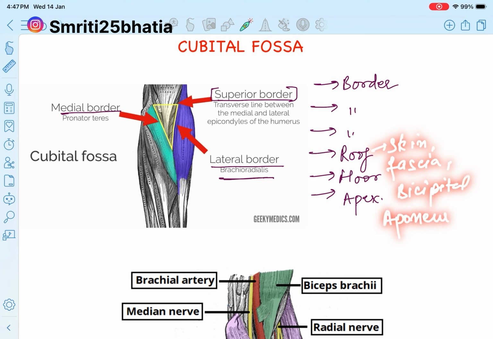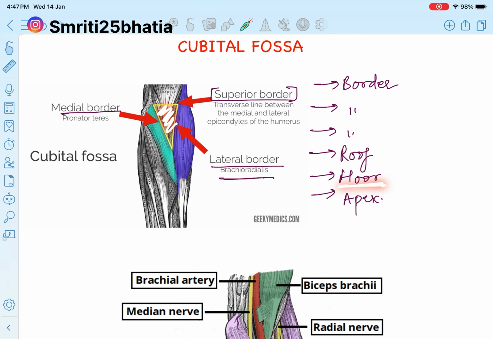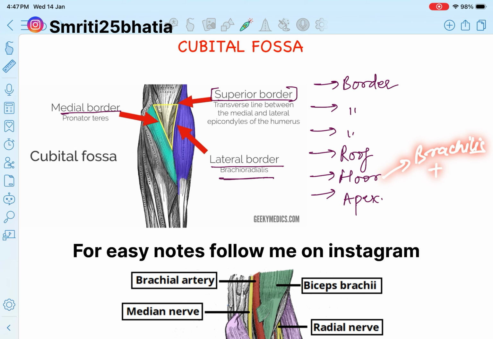These are all the contents that make the roof of the cubital fossa. Next we have the floor. The floor is this one. So the floor is made up of the brachialis muscle and the supinator muscle.